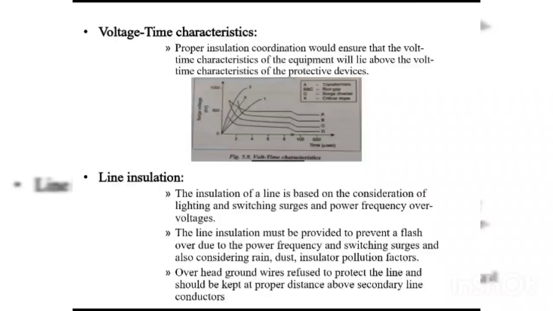Now let's see the voltage-time characteristics of insulation coordination. Proper insulation coordination would ensure that the volt-time characteristics of the equipment lie above the volt-time characteristics of the protective devices.